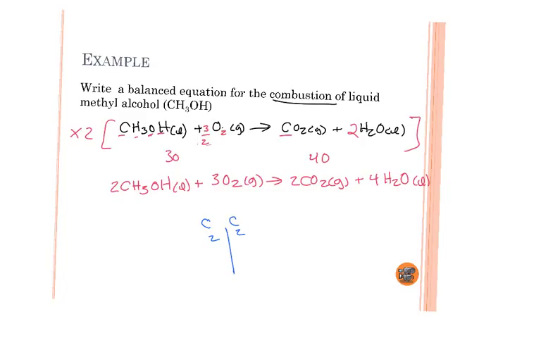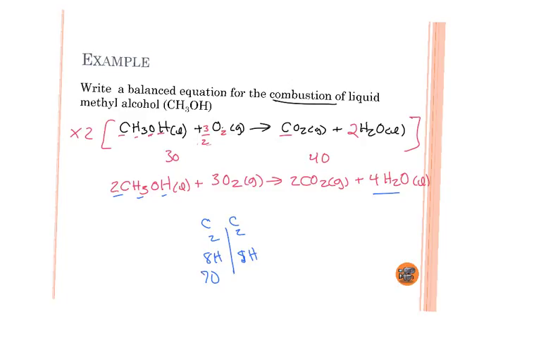So it looks like it's all balanced out. And you see how the numbers here are in the simplest whole number ratio. I can't divide them any more than this, okay? So you have to make sure that it's the simplest whole number ratio.